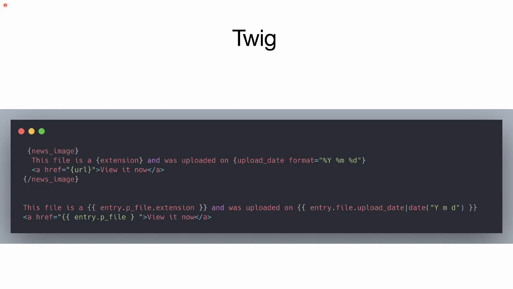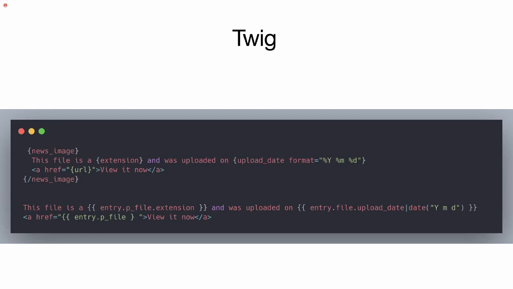I kept trying, for example, to get a file field to output using a Twig template. And I kept wanting to put it in a tag pair because you don't have to use a tag pair for an ExpressionEngine file field, but you typically do to get to the more detailed variables. So here's an example.